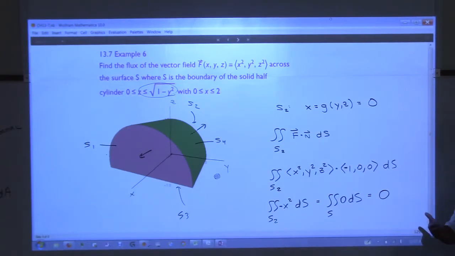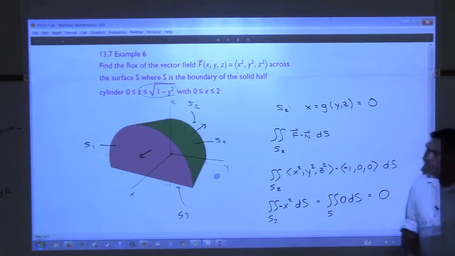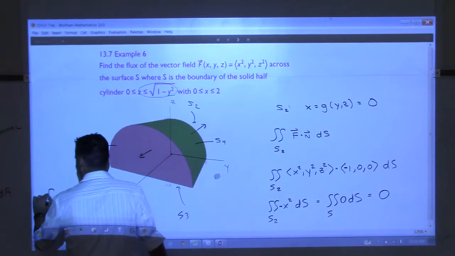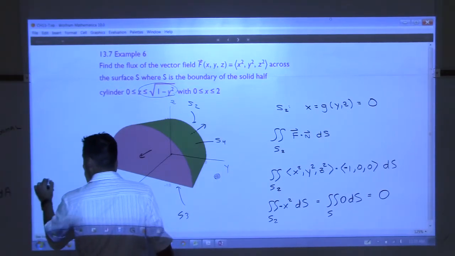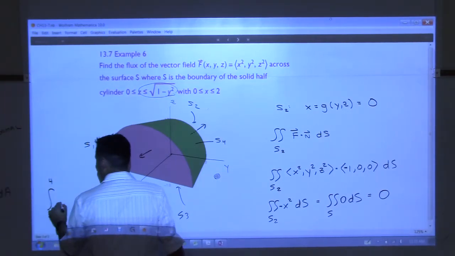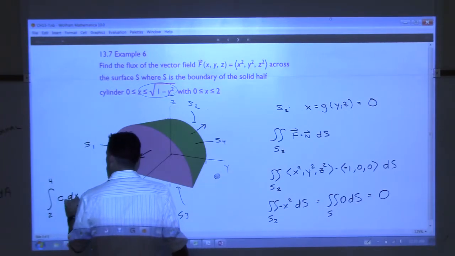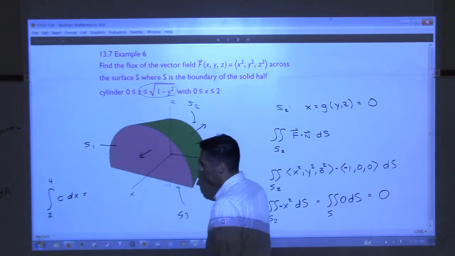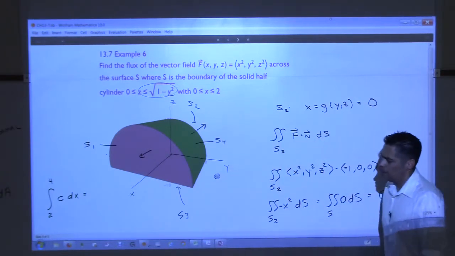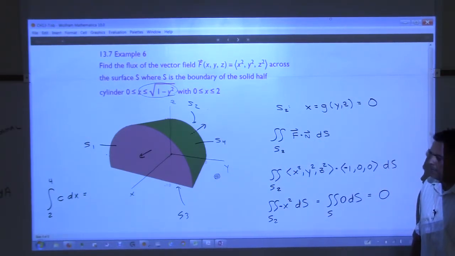I got an interesting question the other day from a student that I think is worth mentioning real quick here. What is the derivative of a constant? 0, right? So the antiderivative of 0 should be a constant, right? If I take the integral from 2 to 4 of a constant dx, old school like Cal 2, then what should my answer be?